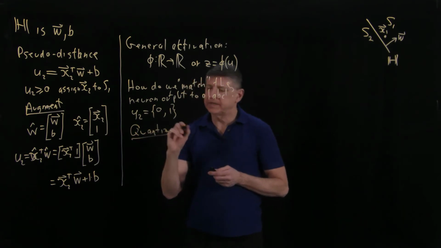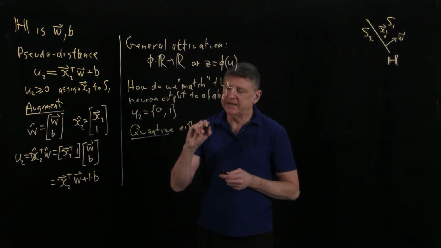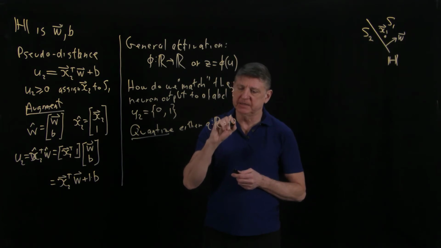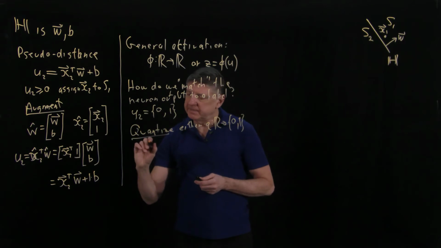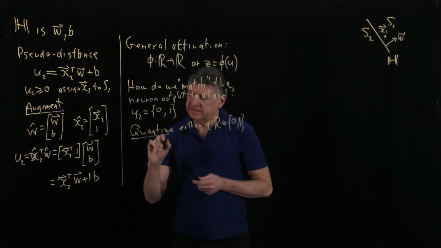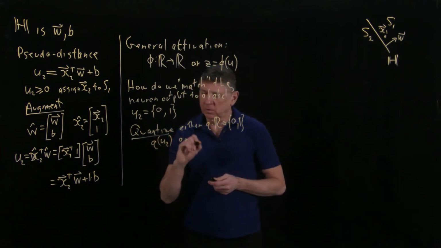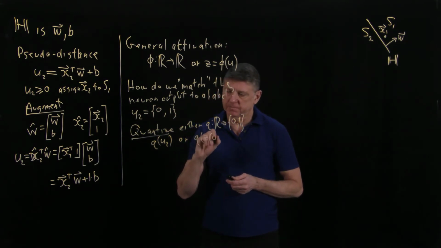And quantize, so we'll write that as a quantization function that takes a real number and then maps it into this set of 0, 1. And we'll take either the linear response for data vector i, or the linear response of the score.